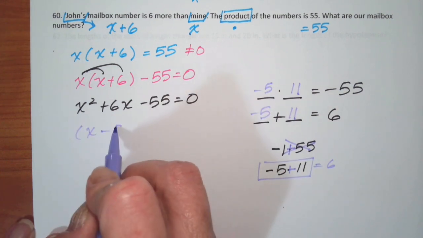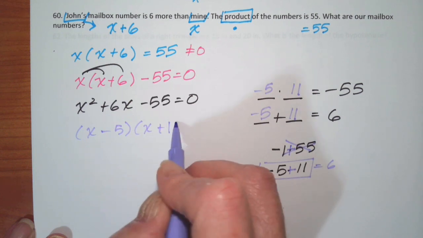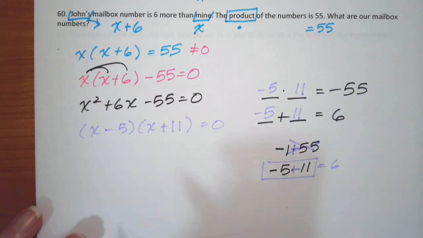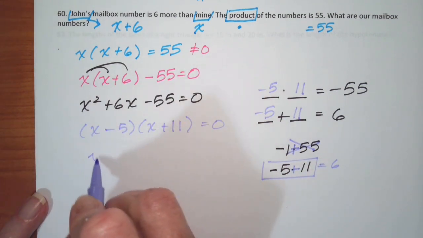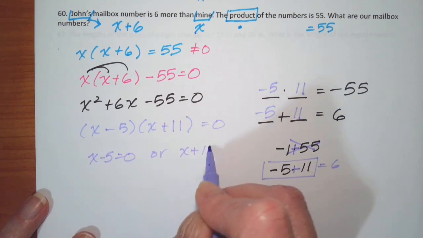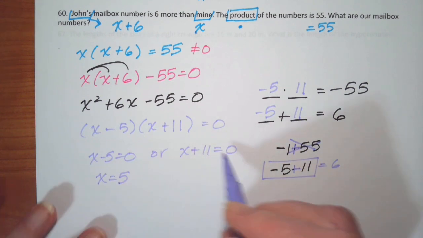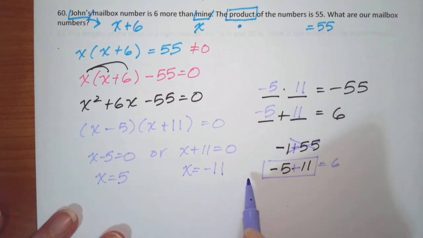So this factors into X minus 5, X plus 11, is equal to 0. Okay, so if the product equals 0, then x minus 5 equals 0, or x plus 11 is equal to 0. Here, this tells me that x is 5. Here, that tells me x is equal to negative 11.